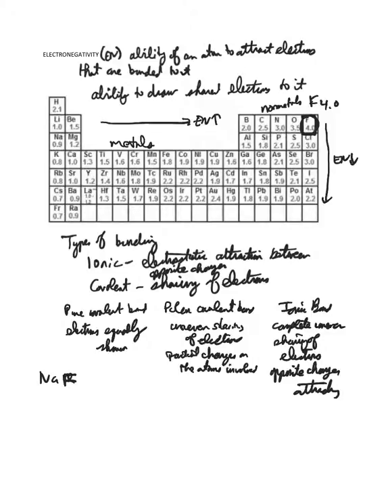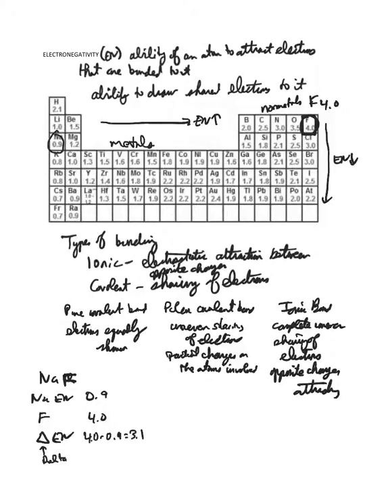So sodium, if we look at the periodic table, has an electronegativity of 0.9, and fluorine has electronegativity of 4.0. And so we can look at that difference in electronegativity of that bond. So 4.0 minus 0.9 gives us a difference of electronegativity of 3.1. That little triangle is a Greek capital D or delta, and it means difference.